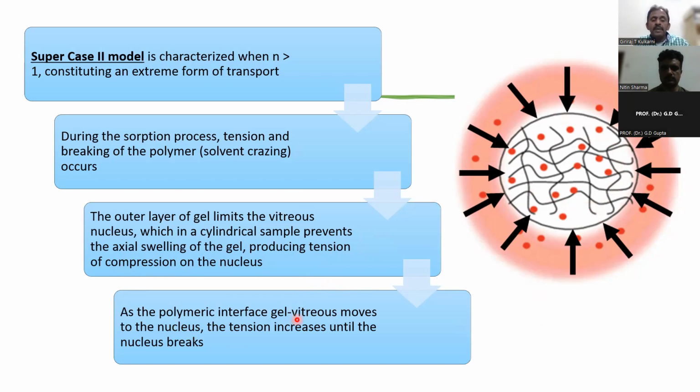As the polymeric gel-vitreous interface moves to the nucleus from outside, as these arrows become longer, the tension increases until the nucleus breaks. All the polymer chains present in this inner dry portion, the nucleus, will break completely. Until then, this pressure will continue.